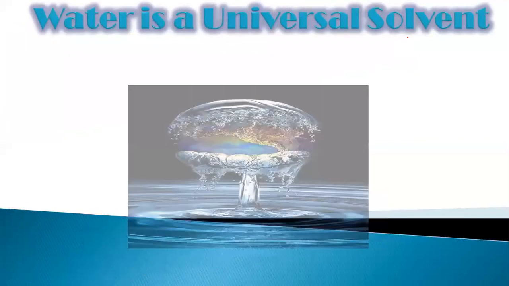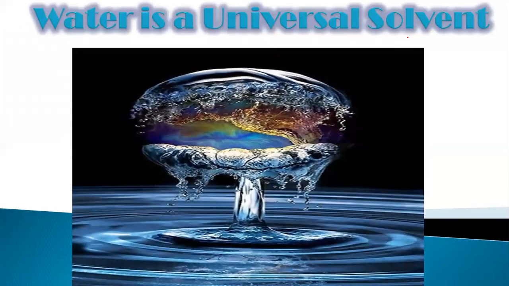Dear students, as you know, water is a universal solvent. If you look at our whole earth, just a very little part of the earth is composed of land, but the rest is composed of water.